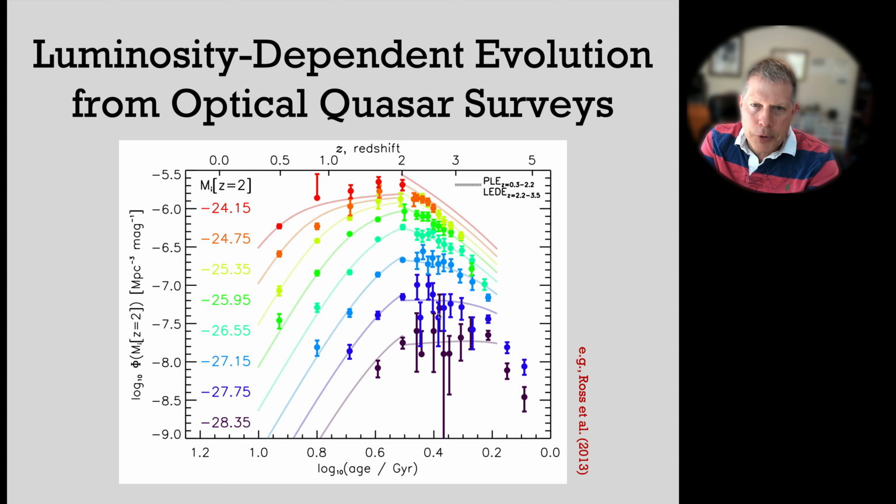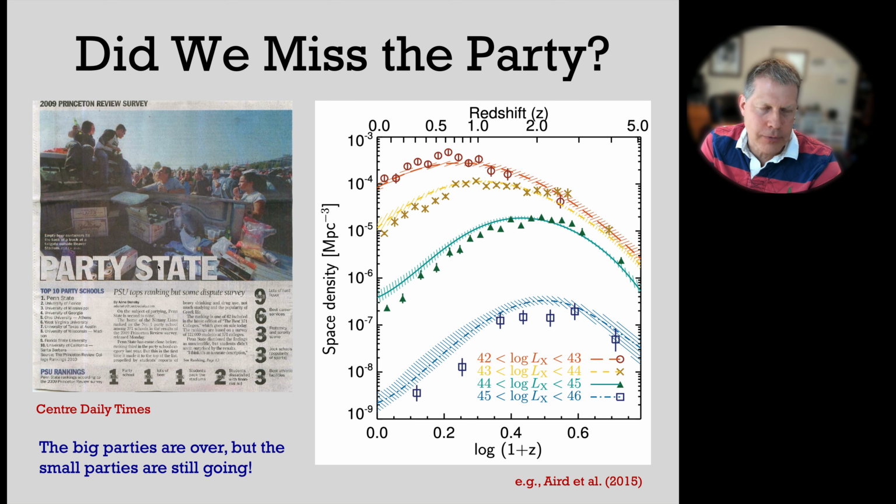And if you push the optical surveys quite hard, breaking them up into luminosity classes as best you can, well, you do see evidence for that overall broad downsizing behavior among optical quasar surveys as well. This behavior of downsizing has also been seen in radio AGN surveys and so on. So this downsizing behavior now seems to be a general fact of the AGN population, whether it's selected optically, X-rays, radio, and so on.